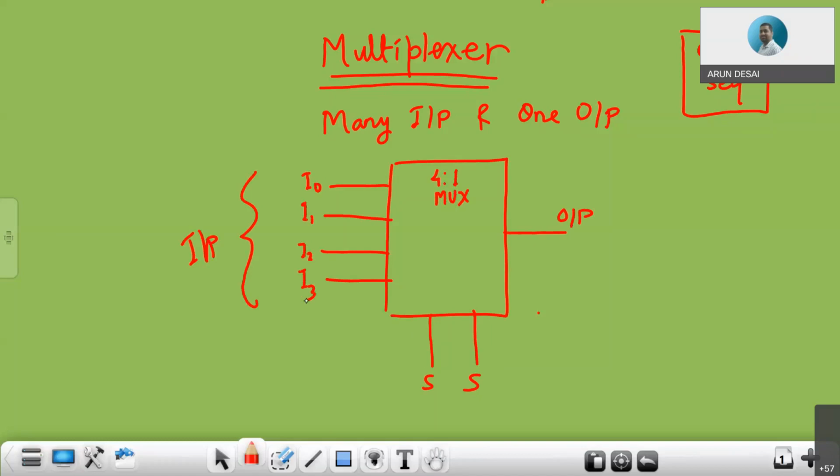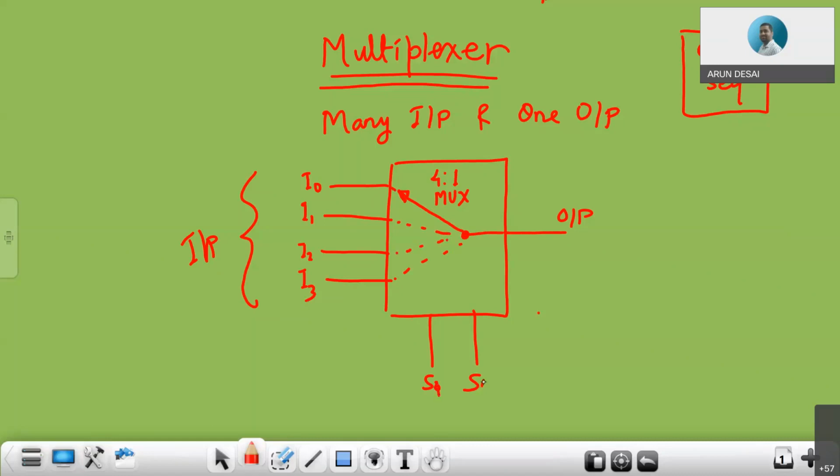What it actually does is select one of the inputs from the input lines and pass it on to the output line, based on those select lines.